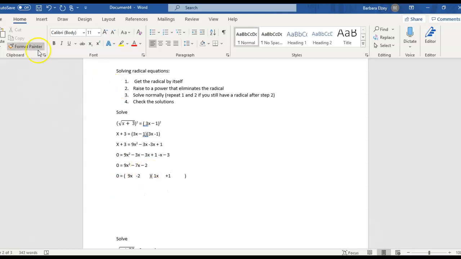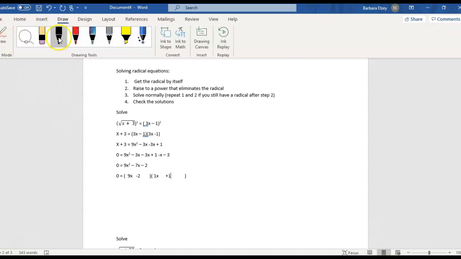All right, so let's check. The middle is negative 2x, and 9x times 1 is positive 9x. That gives me a positive 7 when I add those together, and I need a negative 7. So I do, in fact, have my signs backwards.